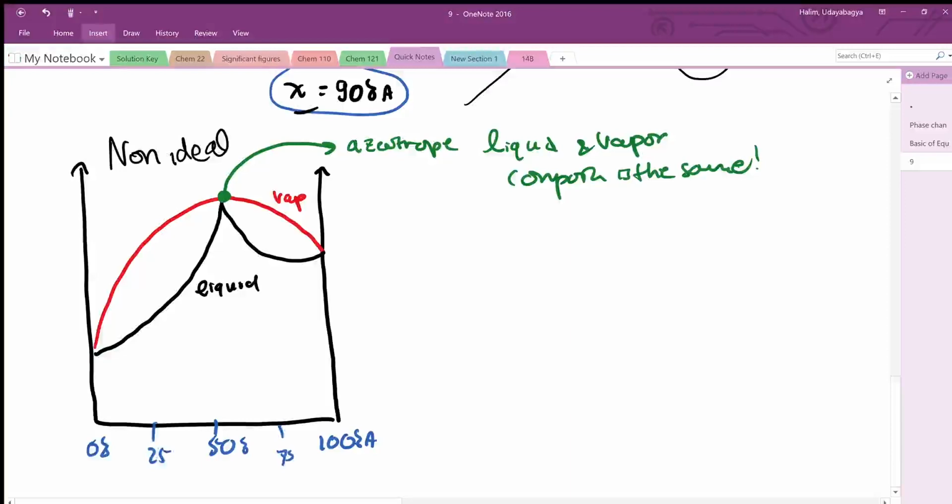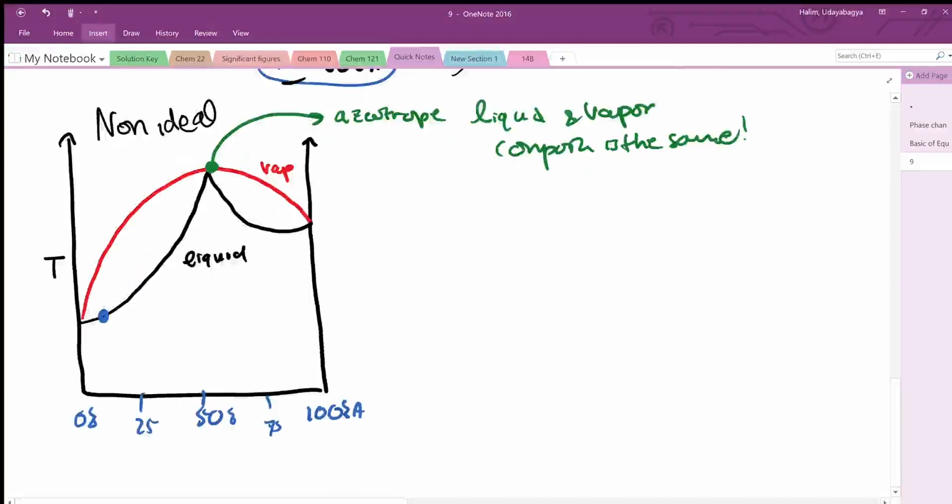So let's say we start out with a 10% solution of A at 298 Kelvin.